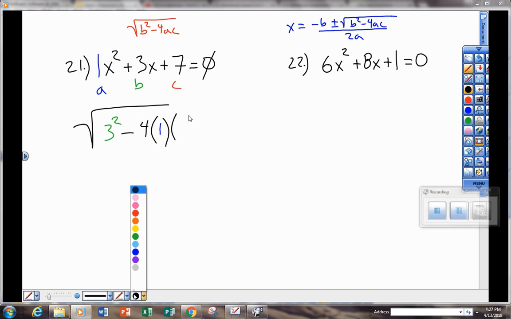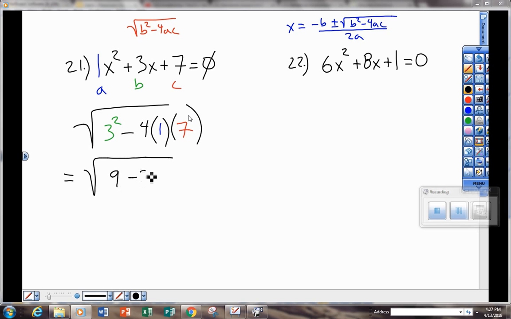And what happens there, I get 9 minus 28, which is going to be a negative number. As soon as I get a negative number underneath that radical for the discriminant test, that means no real answers. Only complex imaginary answers.